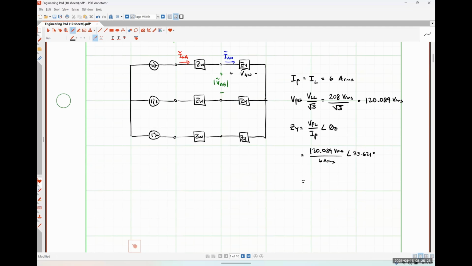Which is going to look like, let's see, answer over 6. 5.604 with an angle of 33.621 degrees ohms, or in rectangular form, 4.666 plus j 3.103 ohms.